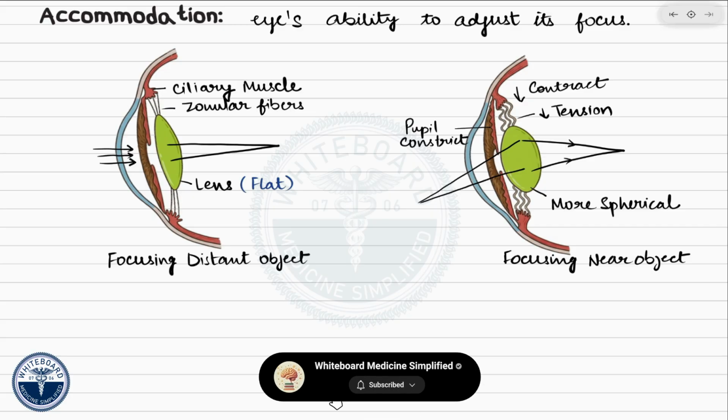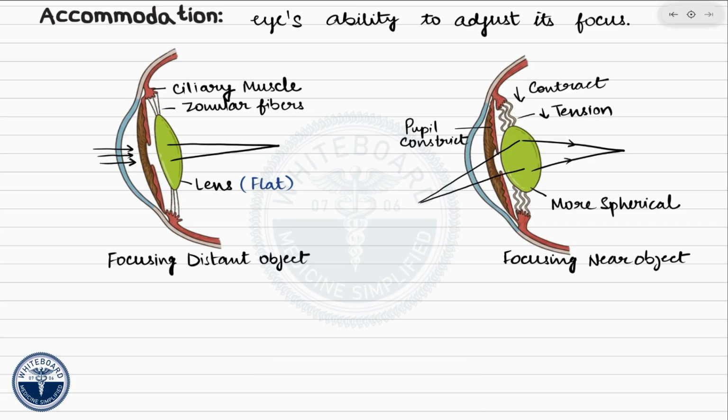Therefore, accommodation can simply be defined as the process by which the eye changes the shape of the lens to maintain clear vision when shifting focus from distant objects to nearby objects. So, when the ciliary muscle is relaxed, it pulls on the suspensory ligaments, increasing the tension on the zonular fibers.